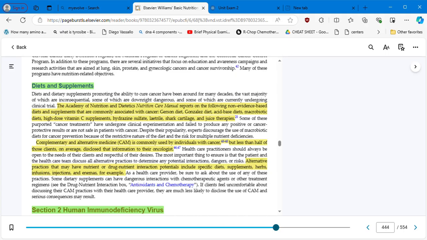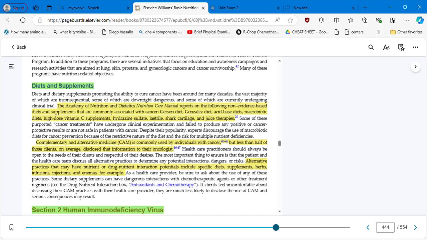The Academy of Nutrition and Dietetics Nutrition Care Manual reports on the following non-evidence-based diets and supplements that are commonly associated with cancer. The Gerson diet, okay, which is a diet rich in juices, carrot juice, and plant-based. The Gonzalez diet, that is a plan rich in pancreatic enzymes, the acid-based diets, macrobiotic diets, high-dose vitamin C supplements, you name it, okay?